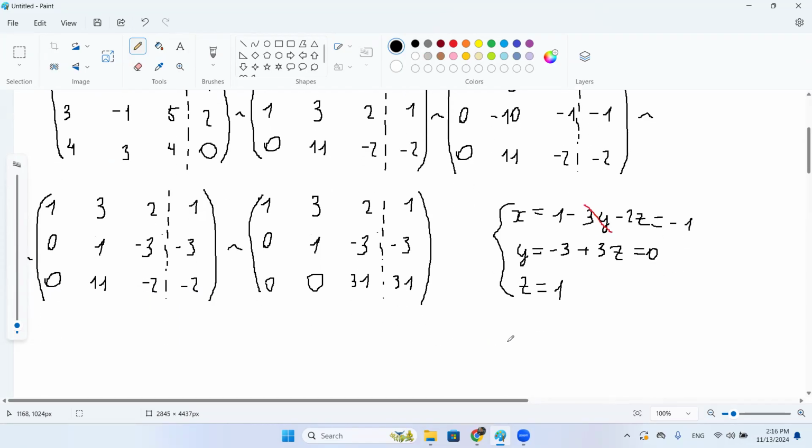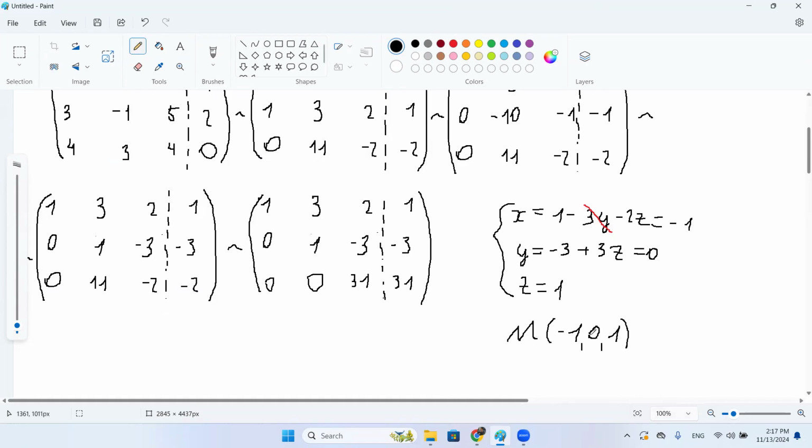And finally, the coordinates of point M are the following: minus 1, 0, 1. Yeah, don't confuse the order of coordinates because for the Gaussian method we start solving from the bottom to the top. So inverse solution.